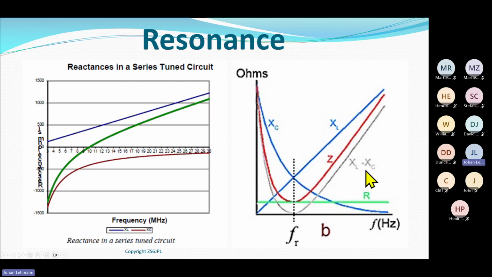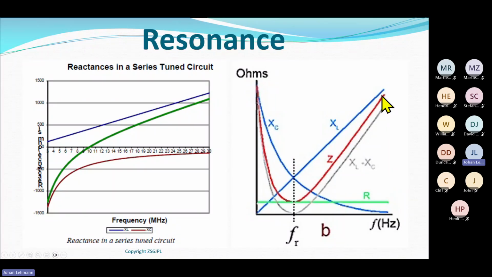Another way to look at it is this horrible graph for you, which perhaps could make some sense as well. The blue line is my inductive reactance, in other words, the resistance of the inductor to current flow at frequency. My capacitive reactance, the other blue line, is my capacitor's resistance to current flow at frequency. The red line Z is my impedance.